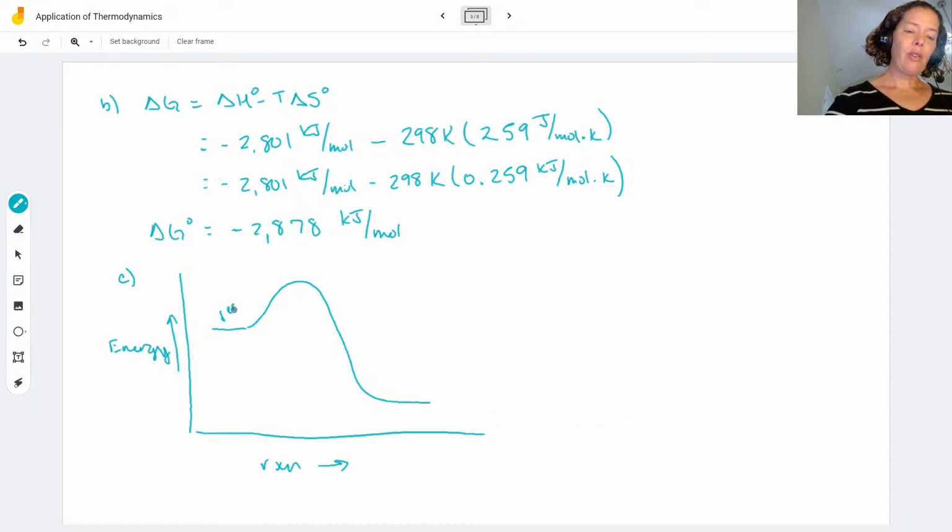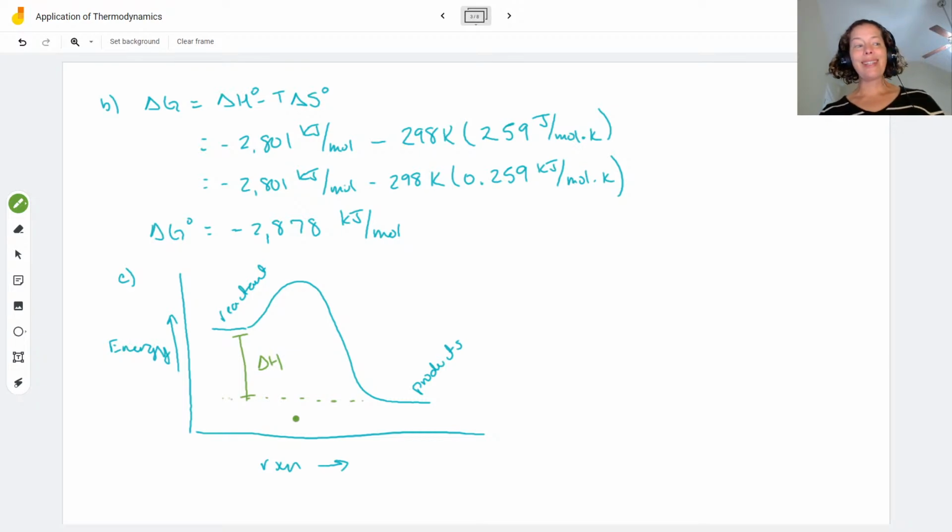So here are your reactants, the energy of your reactants. Here is the energy of your products. Let's switch to a different color. This difference here is your delta H, and notice that it is negative.